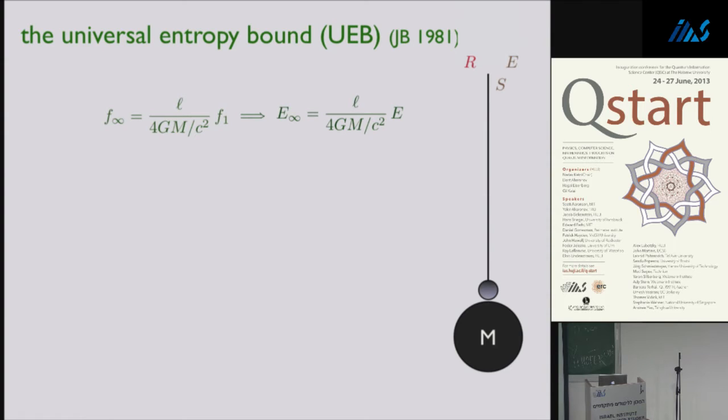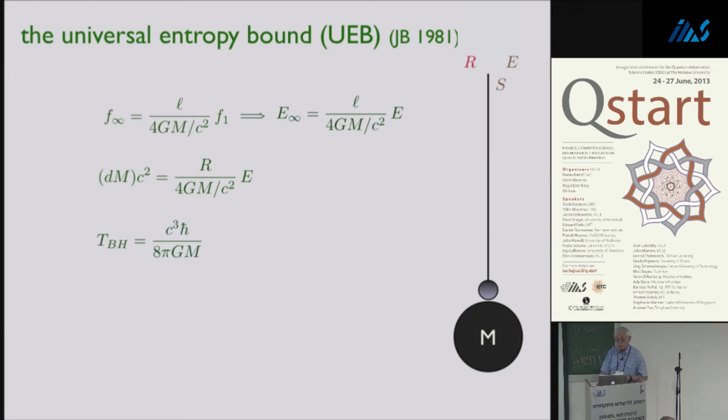An observer here judges this object to have this kind of energy. That's the formula. Now we do the following simple calculation. The change in mass energy of the black hole, at the moment that I drop this thing into the black hole, is given by this formula, where I've used this and I've replaced L by the radius of the sphere in accordance with the geometry here.